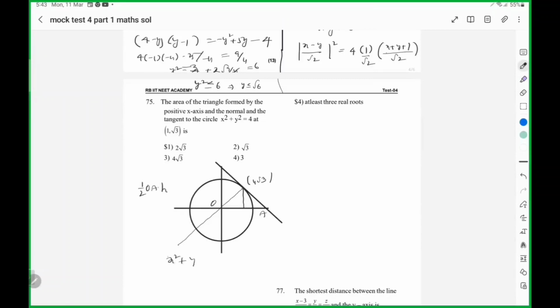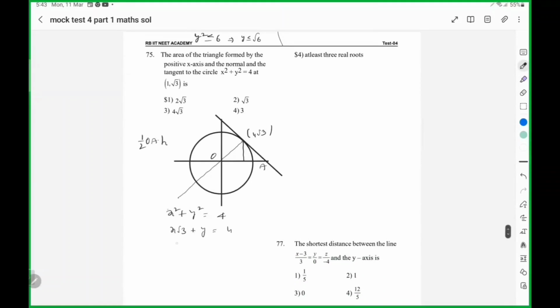Here you have a circle, x root 3 plus y here is 4. So at what point it intersects x-axis, put y 0, you get x as 4 by root 3. Area will be half into, here it is this 4 into height. Height is nothing.